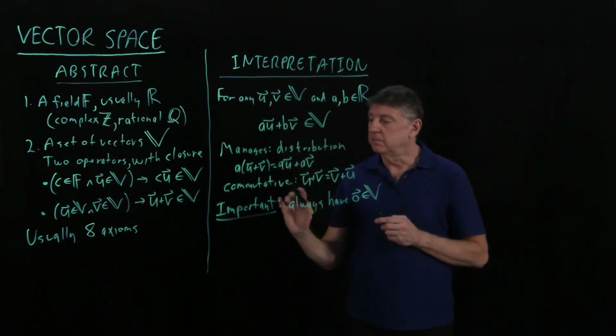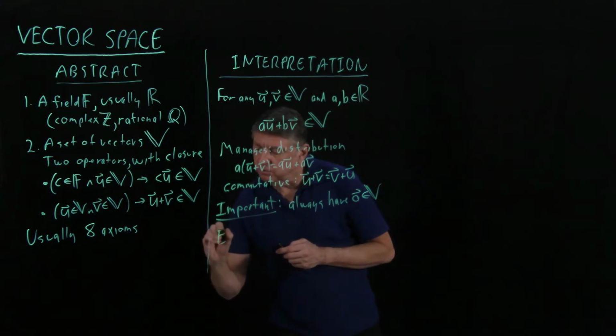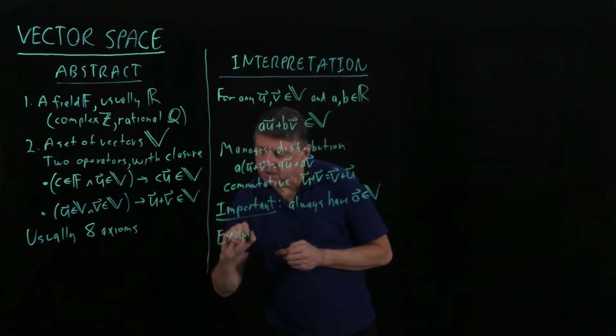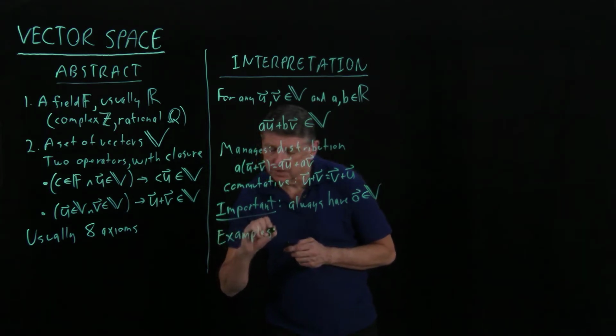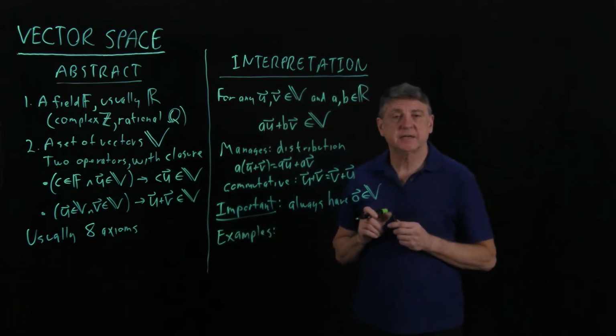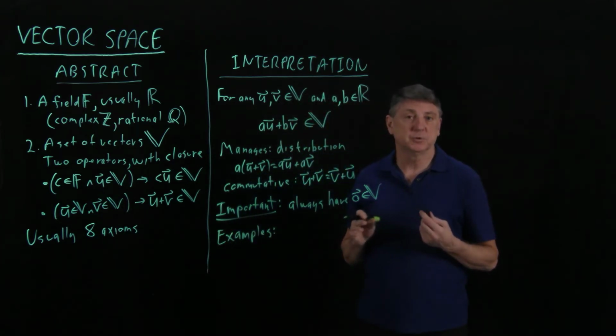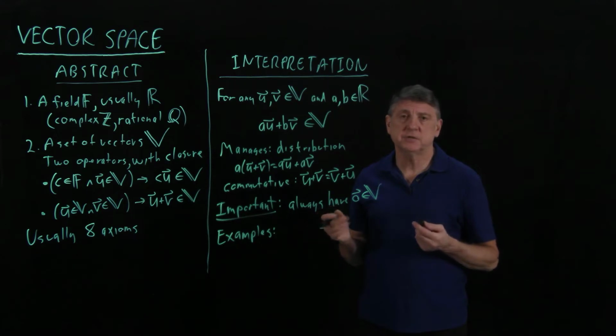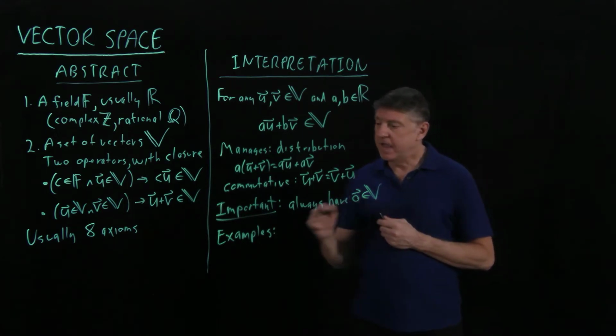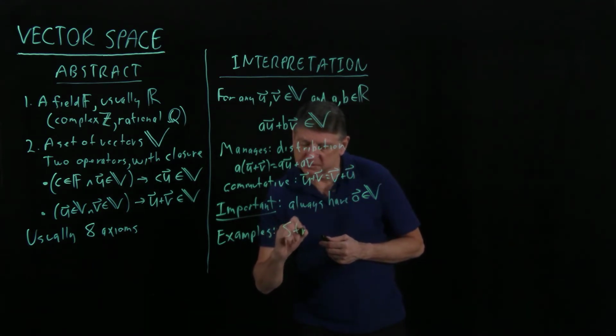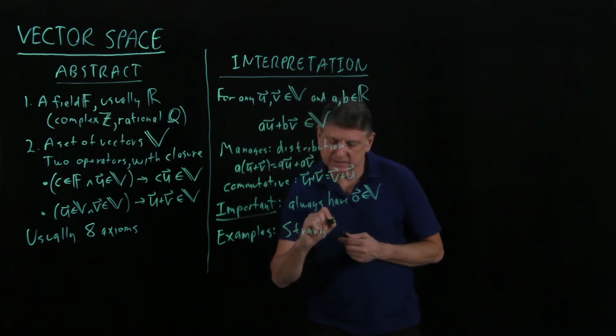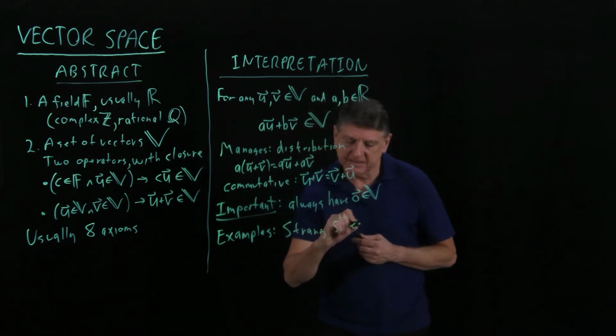So if you want to learn more about this, I would refer you to the excellent text on linear algebra by Gilbert Strang, who's probably the best teacher of linear algebra on the planet. And I would refer you specifically to Strang's 5th edition.